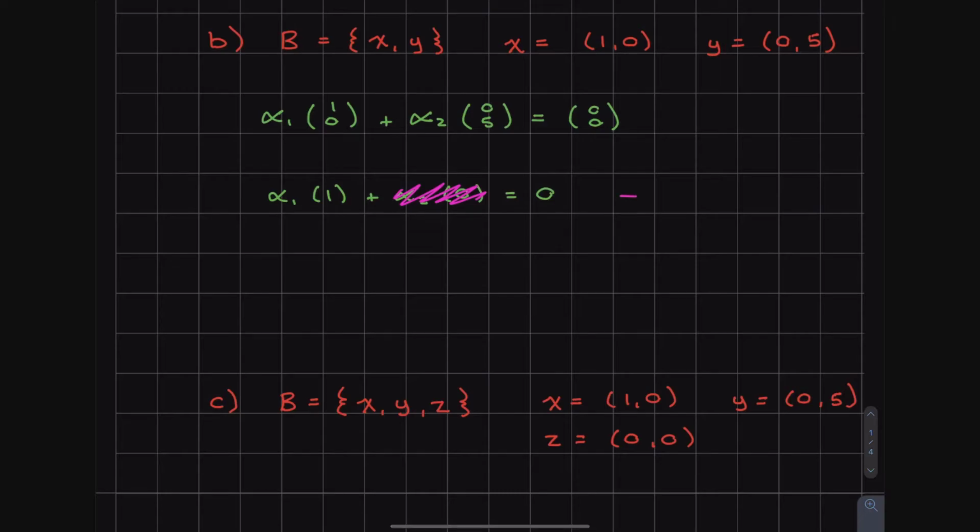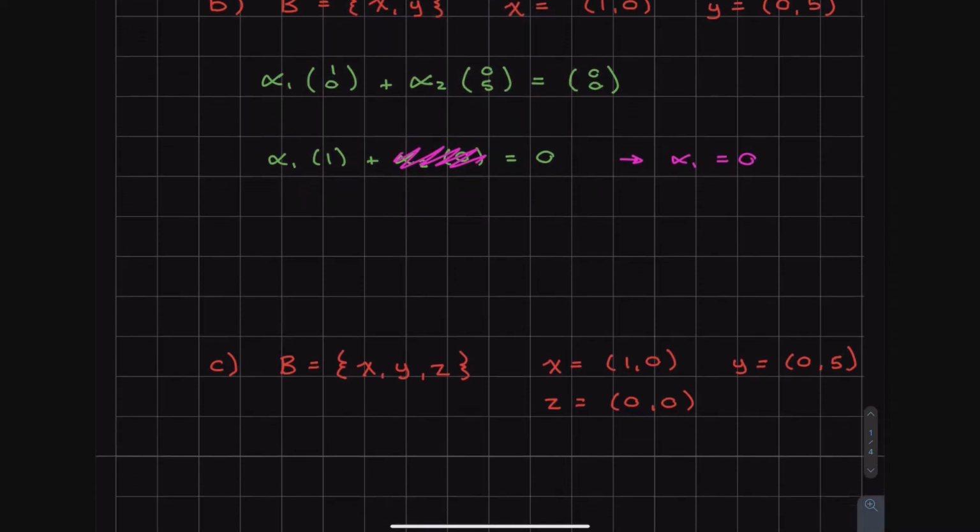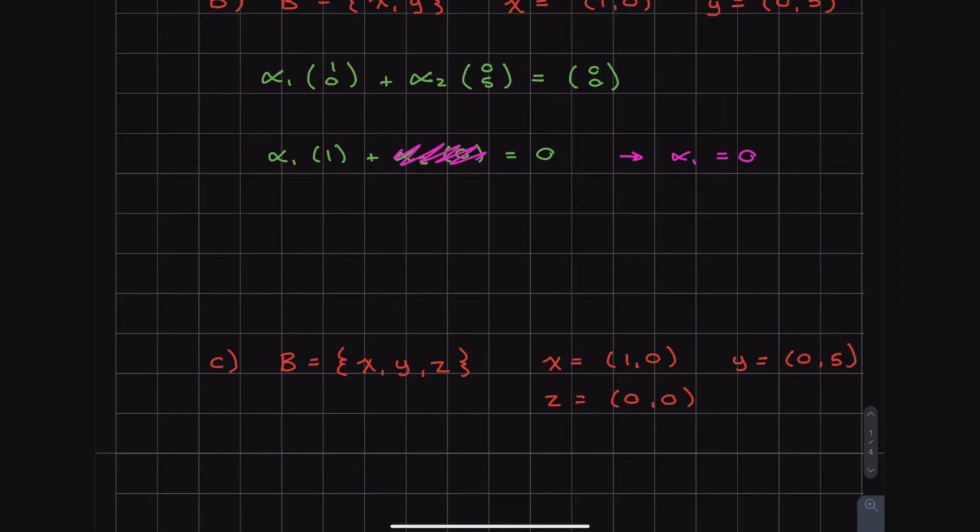That's a good start, because remember, to be linearly independent, we want both of those equal to 0. For the second equation, we have alpha 1 times 0, plus alpha 2 times 5, equal to 0.